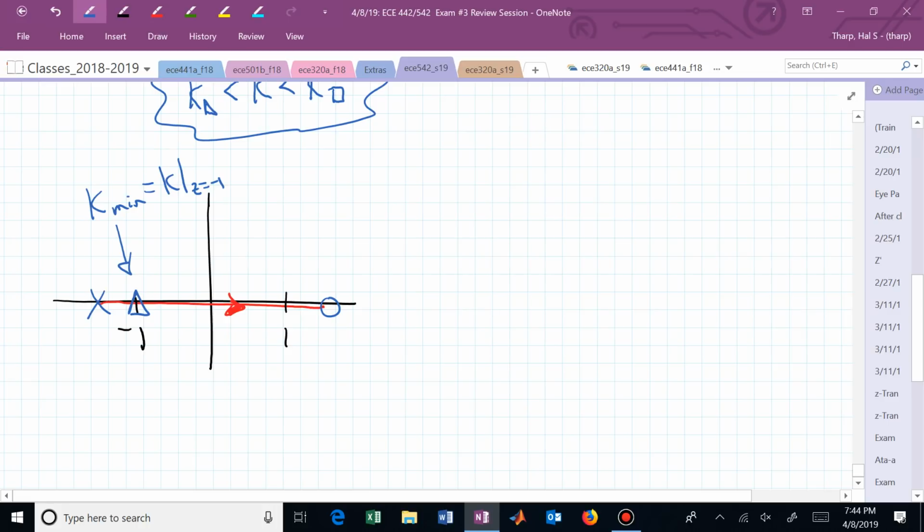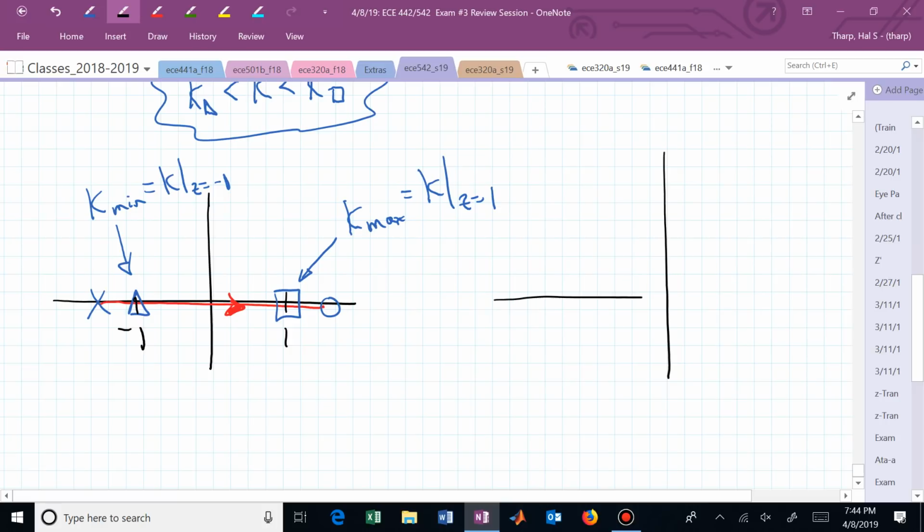So those rules for finding the minimum and the max, you want to make sure that you're looking at what's happening, and this would now be K max, evaluated at z equal to 1. What if I gave you this pattern and I said that pole was at 0.8 and that pole was at 0.2? What's the root locus look like here?